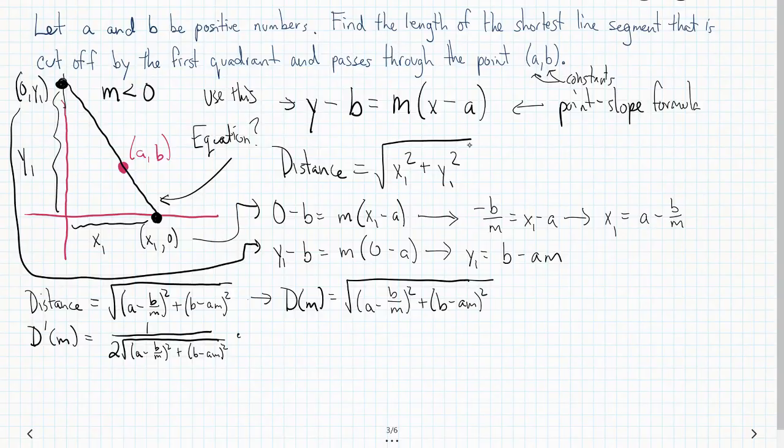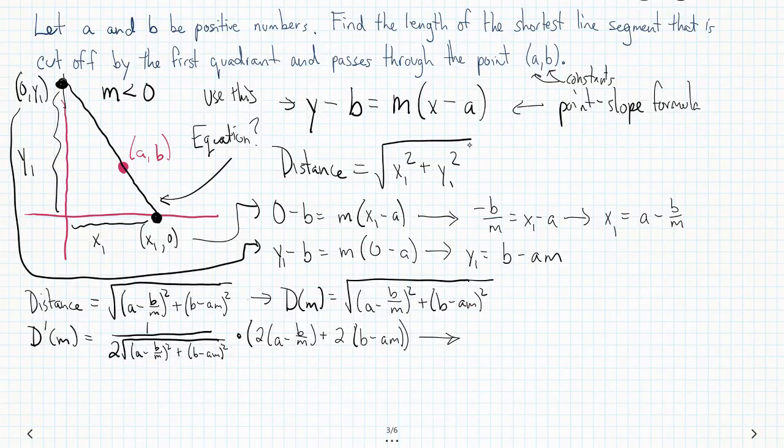But now we need to use the chain rule. So times, we get 2 times this a minus b over m, plus, and then it'll be 2 times b minus am. So notice, in order for this thing to equal 0, it's nothing to do with the denominator. In fact, we can kind of shuttle a lot of that stuff all around.